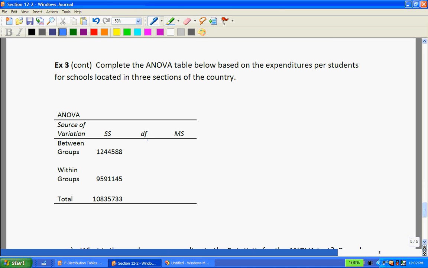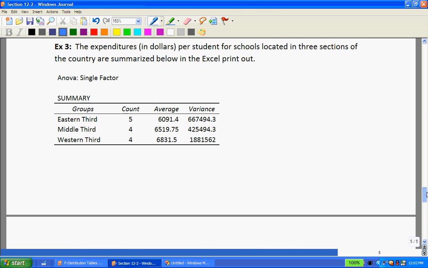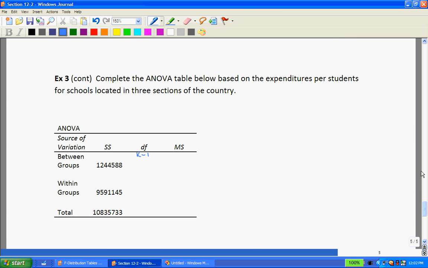Now remember, degrees of freedom comes from the number of categories, or groupings, or knowing the big N, the sum of all the data, minus K. So we can figure those two out. Here between, remember, is K-1. Well, we have 3 groupings, eastern, middle, and western. So this is going to be 3 minus 1, or 2. And that's our degrees of freedom numerator.